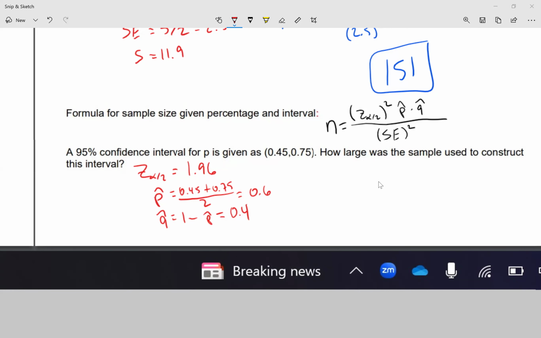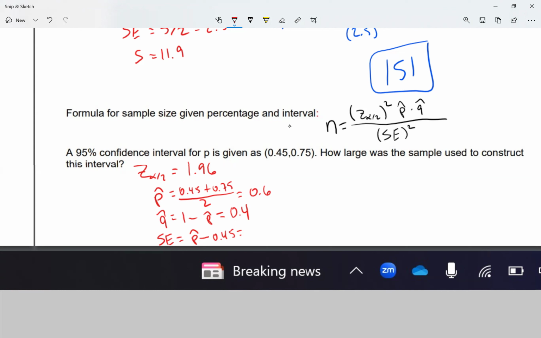But I need my standard error. That's not bad. That's not hard. Let's find this out. The way I'm going to find my standard error is going to be my P hat, the number in between, minus the lower value, 0.45. My standard error is my P hat minus my lower value in the interval.